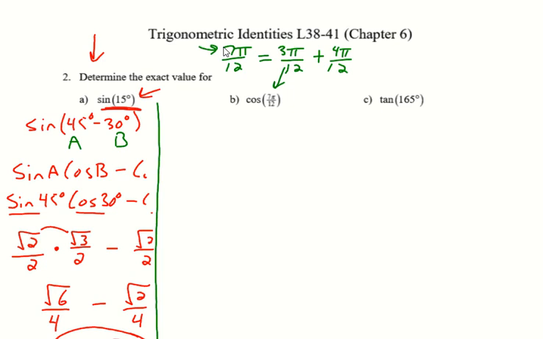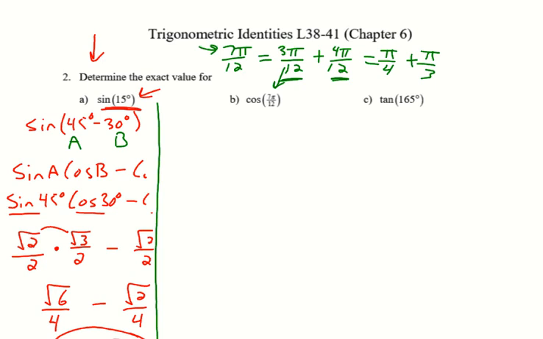And then looking at these right now, they don't really make much sense to me. But what if I simplify these? If I simplify the 3 pi over 12, that ends up being pi over 4, which I do know, right? Pi over 4 is one of the ones I know. And this ends up being pi over 3.